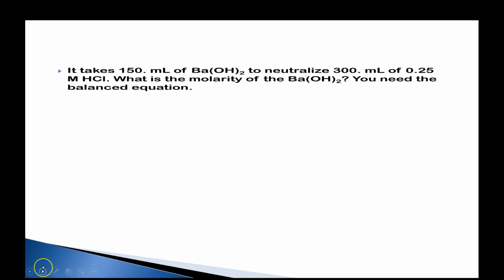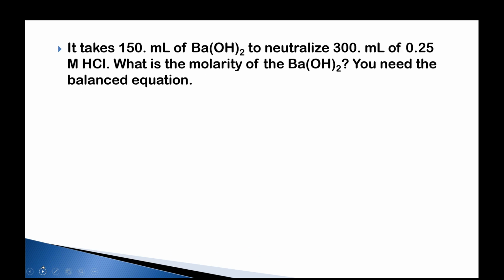Okay, next one. Now we're talking a solution again. I see milliliters and milliliters. So all we need is a balanced equation, HCl, BaOH2. And again, there's 2 OHs, so it takes 2 HCl's.